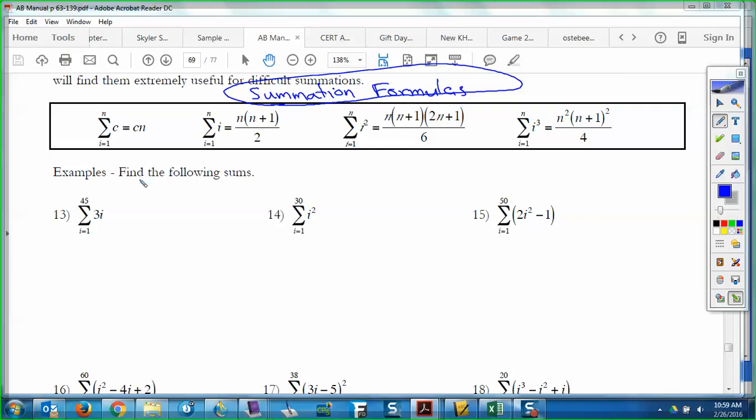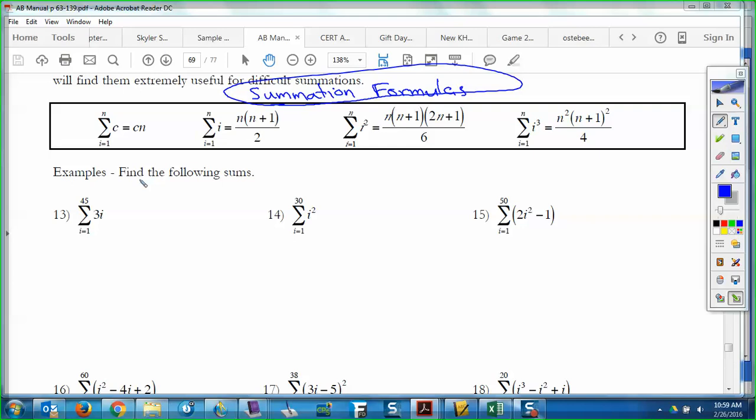What about sigma of I squared? 1 plus 4 plus 9 plus 16, and so forth. Right? Well, the sum of a bunch of squares added together actually has this formula. And we're not going to worry about where that one comes from, but it's similar to how we got this other one. But it's n times n plus 1 times 2n plus 1, all divided by 6.